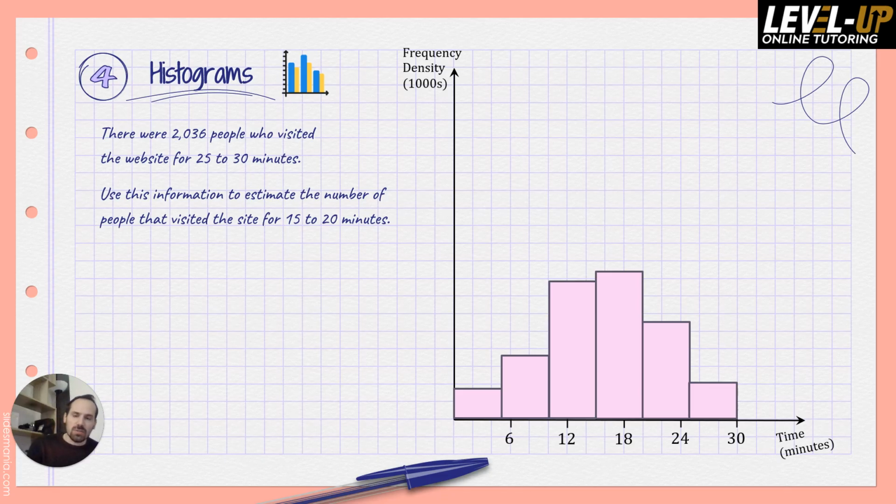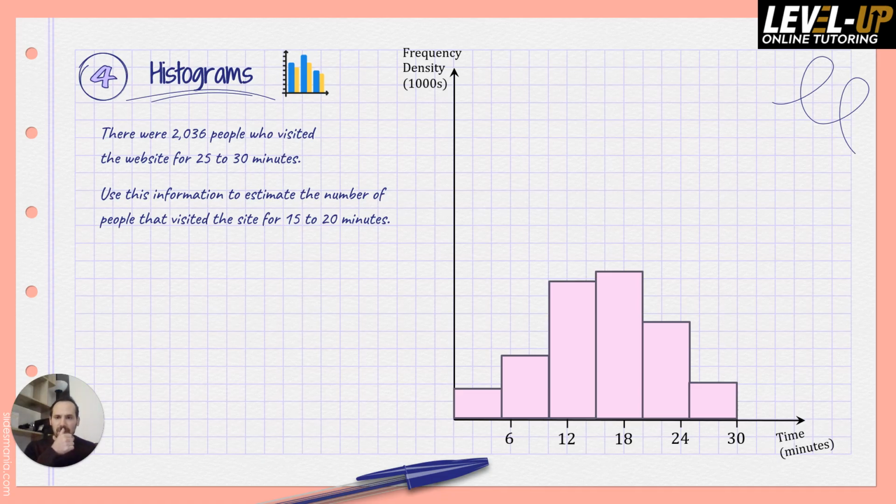The width is 5, and the number of people in that category, we've been told, is 2,036. So we know 5 times the height is going to equal 2,036. Therefore, 2,036 divided by 5 will give us the height, which comes out to just over 400.